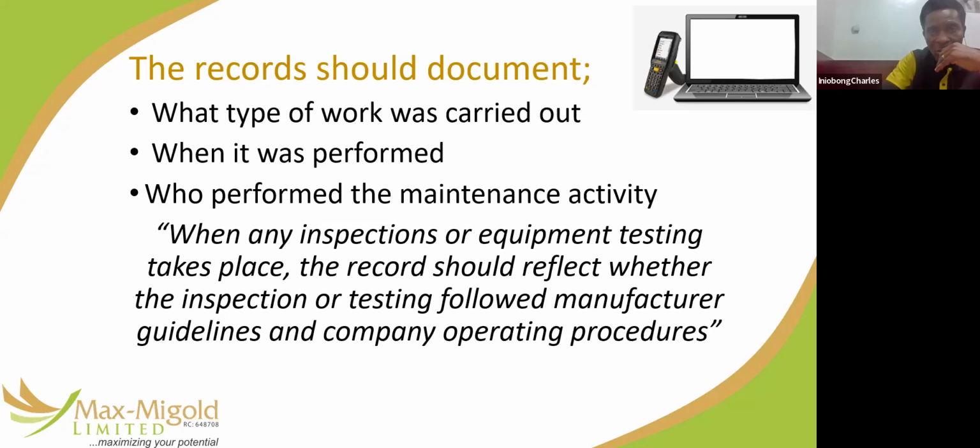If there's an issue at any point, it will be traced to that particular person that did the job. The same way, as you are carrying out maintenance, that's why you need the work order; the particular technician that did that job must be identified, who performed the maintenance activity.